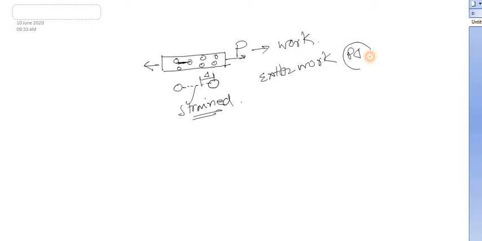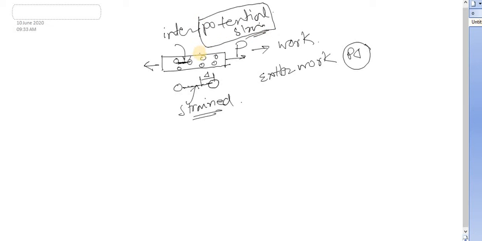This external work is converted into internal potential strain energy. Due to the strain energy, this fiber is stressed and it is stored in the form of potential energy.